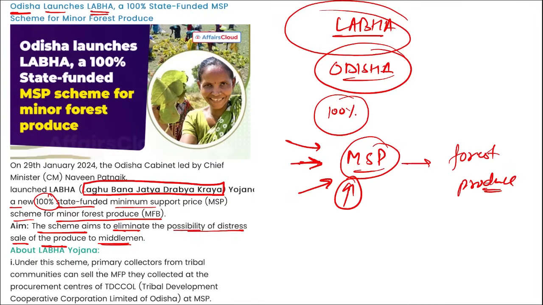Under this scheme, remember, primary collectors from the tribal communities can sell the MFP, that is minor forest produce they collected, at the procurement centers of the Tribal Development Cooperative Corporation Limited of Odisha at MSP. These centers will be managed by self-help groups, and after collection, the amount will be transferred as a direct benefit transfer to the beneficiary account.